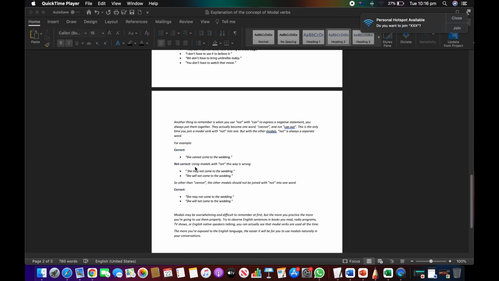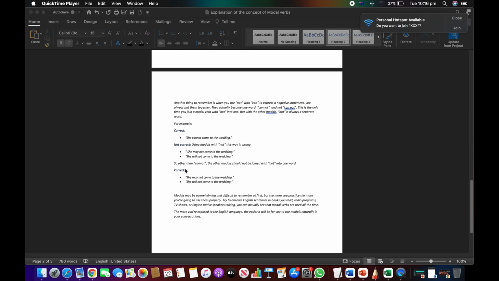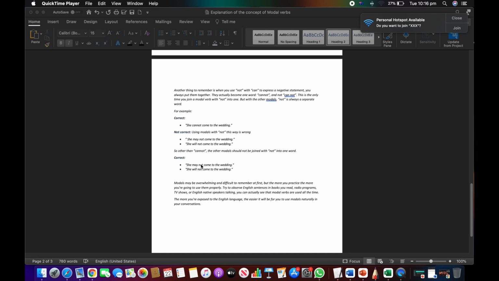Incorrect versions are using modals with not this way: she maynot come to the wedding, she willnot come to the wedding. So other than cannot, the other modals should not be joined with not into one word. The correct version should be: she may not come to the wedding, she will not come to the wedding.